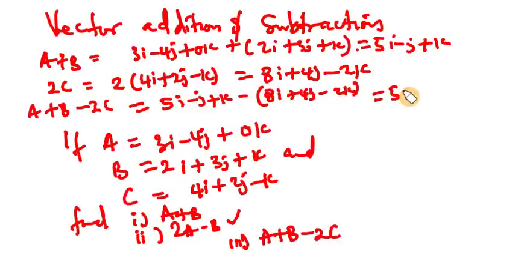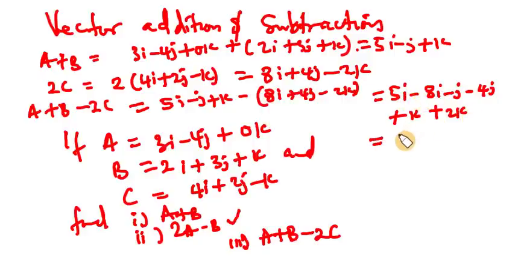So we have 5i minus 8i, we have minus j minus 4j, then you have plus k minus minus, which is plus, so plus 2k. So 5i minus 8i is minus 3i.